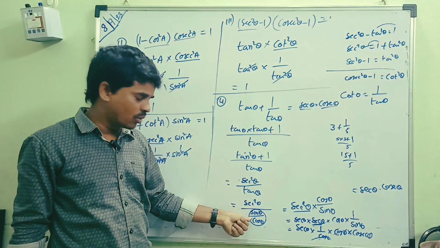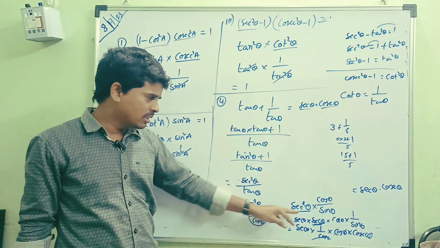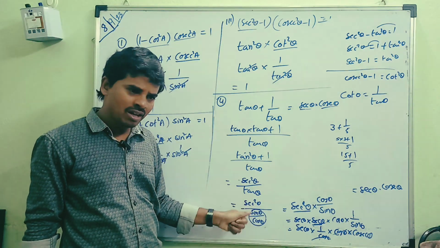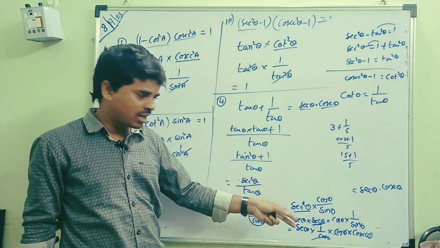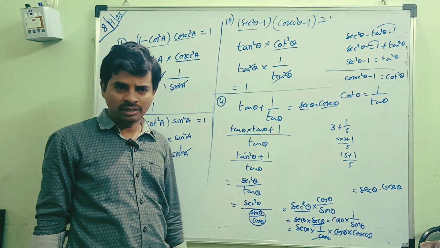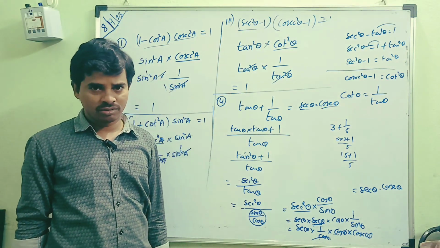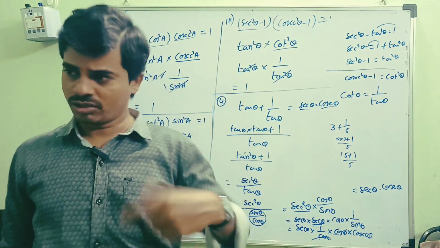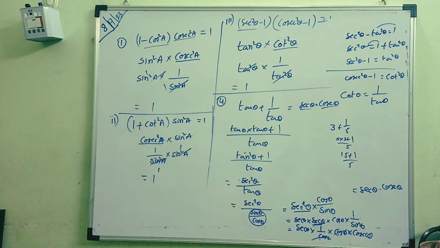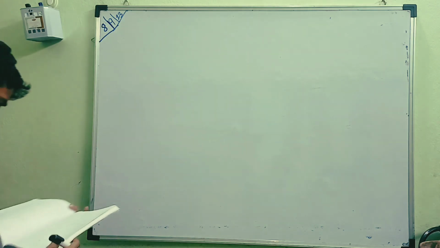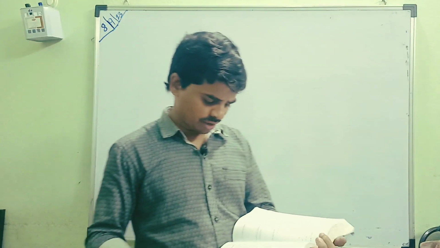So we used sin by cos. By that, one secant is eliminated and 1 by sin can be written as cosecant. So this is the way we should think. Understood? Next, when you solve, you will understand. Okay, now let us solve the fifth question.